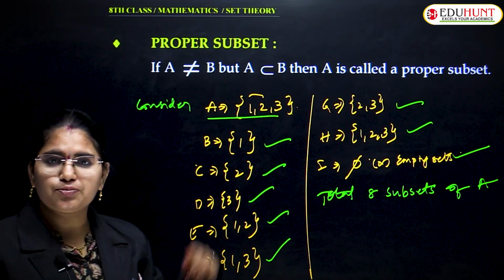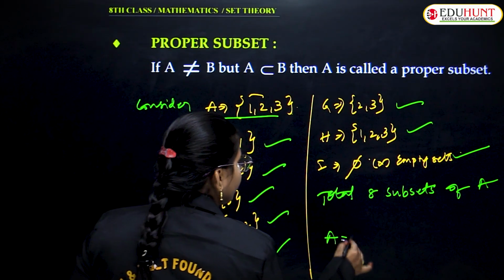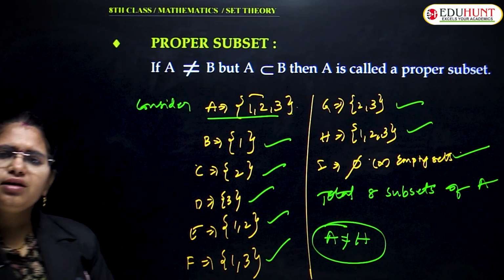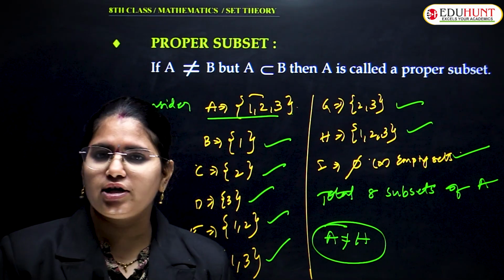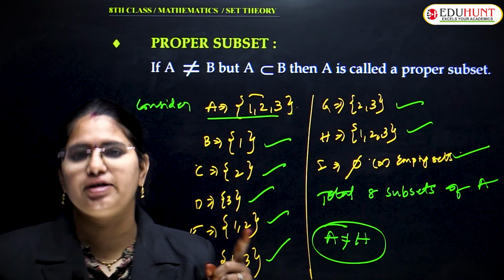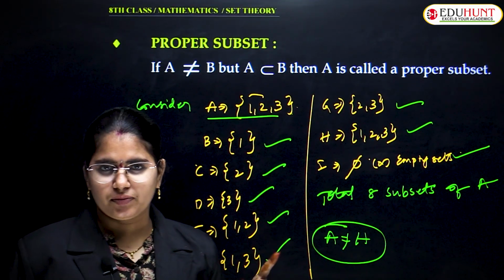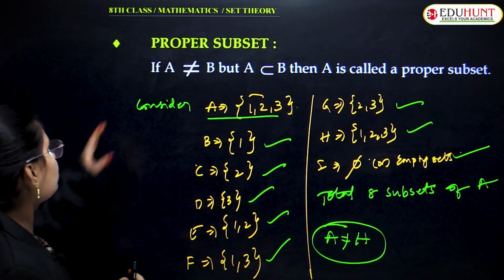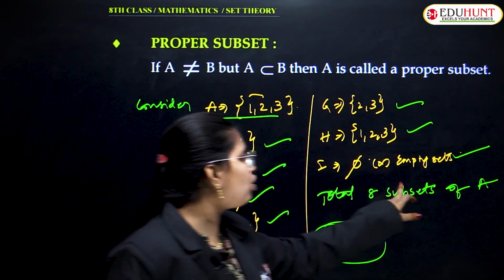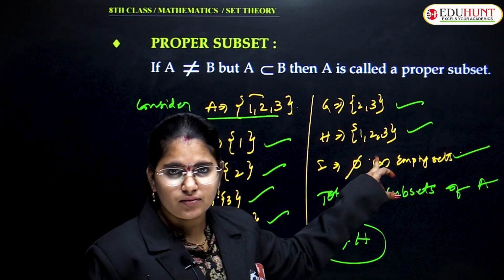So proper subsets of the set A must not be equal to H. If you consider any set, whatever main set you consider, it will have itself as a subset, right? That is called the reflexive property. For example, if we take 1, 2, 3, the same 1, 2, 3 also becomes a subset of the same set.